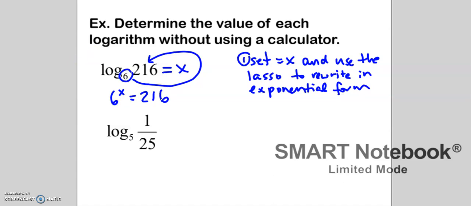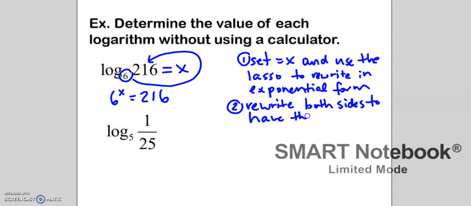And this is something that we have worked with before, right? So the next step is going to be rewrite both sides to have the same base.